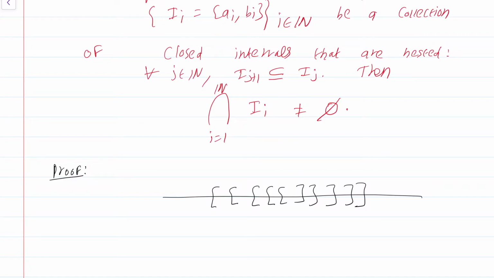Now, when will this intersection be empty? Well, if these intervals sort of cluster around a hole. So the nested intervals property is sort of saying that there are no holes in the real numbers. I will elaborate on this further after I give the proof of this theorem as well as the Archimedean property.